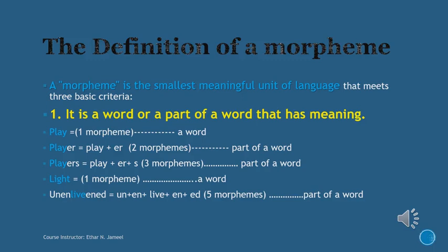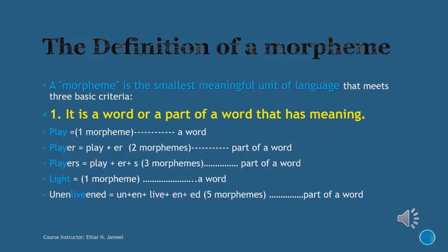So to say that this unit is a morpheme, we have to consider that this unit has a meaning. Otherwise, it is not a morpheme. So this is the condition.